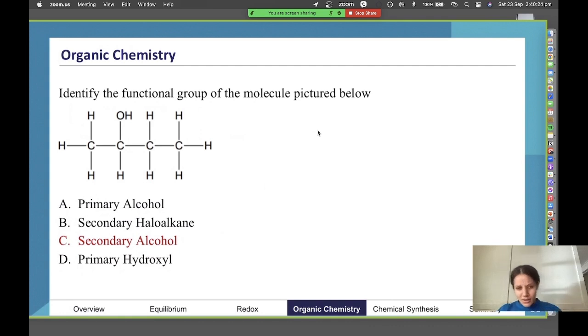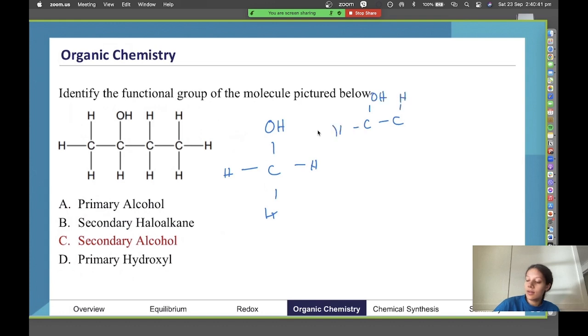So something to keep in mind with the primary alcohols, because I get this question quite a bit, is that if we had OH, C, and then just hydrogens, versus C, C, and OH. This one, you can think of it, this is like a classic, my pen did that.